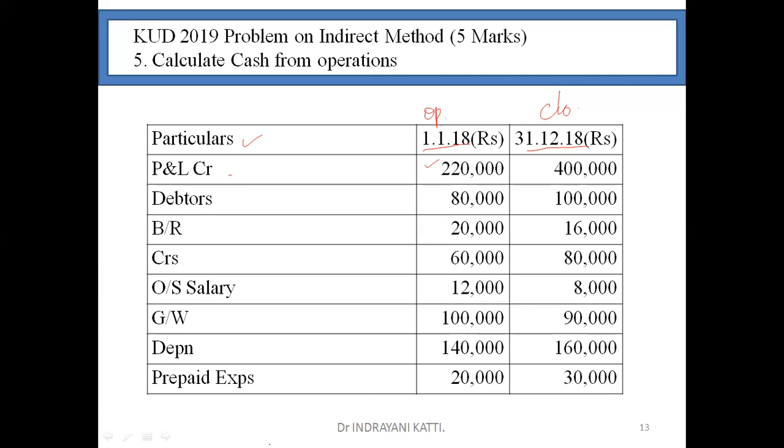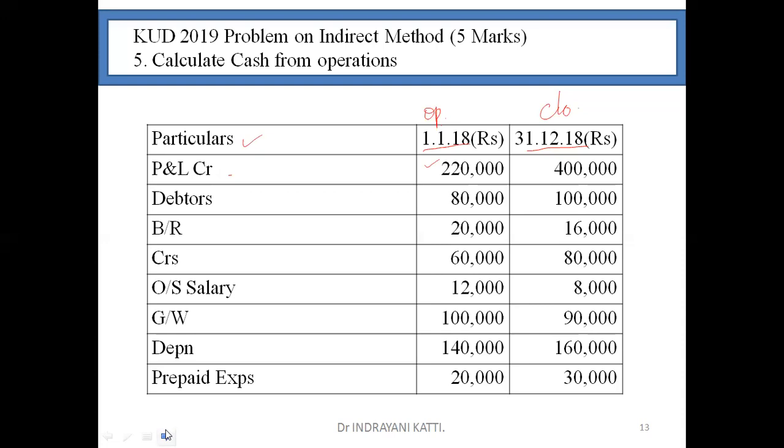All this information is given to us. So let us go to the solution. How are we going to prepare the statement to calculate the cash from operations? Here in this problem, current assets and current liabilities are given.